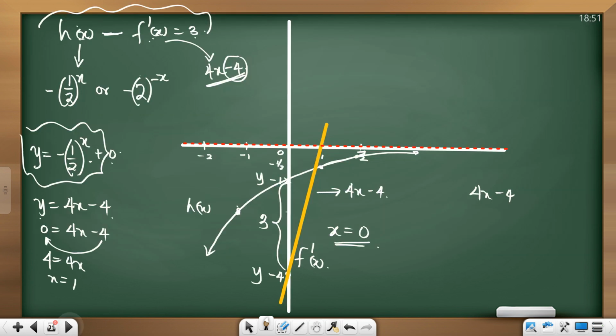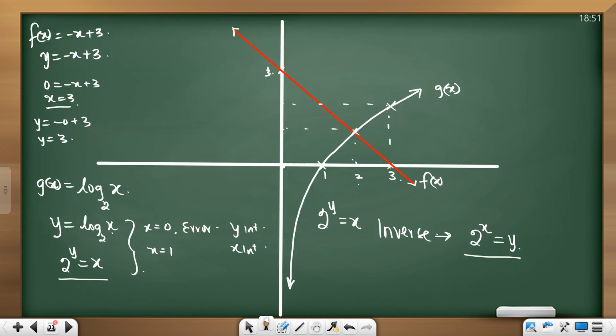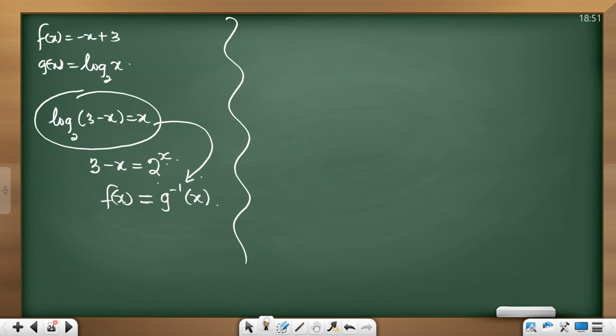The examiner says, explain how you will use 6.1 and 6.2 to solve that equation. And already we rewrote this equation as what? F of x equals the inverse of g.